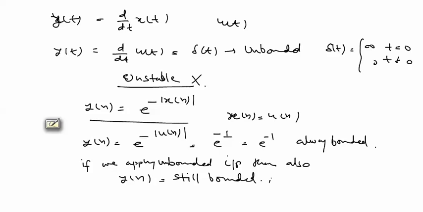It means the y(n) system is always stable for any type of input, either bounded or unbounded. Any type of input we can apply on this. The system is always stable. It is stable with bounded input, and also stable with unbounded input.